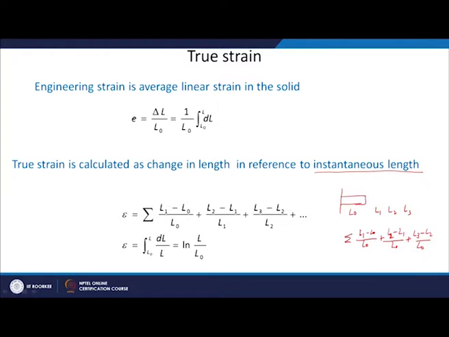Okay. So if I take this type of summation for true strain, what will happen? My length is now continuously changing. First increment it was L naught, second increment L1, L2 and so on.